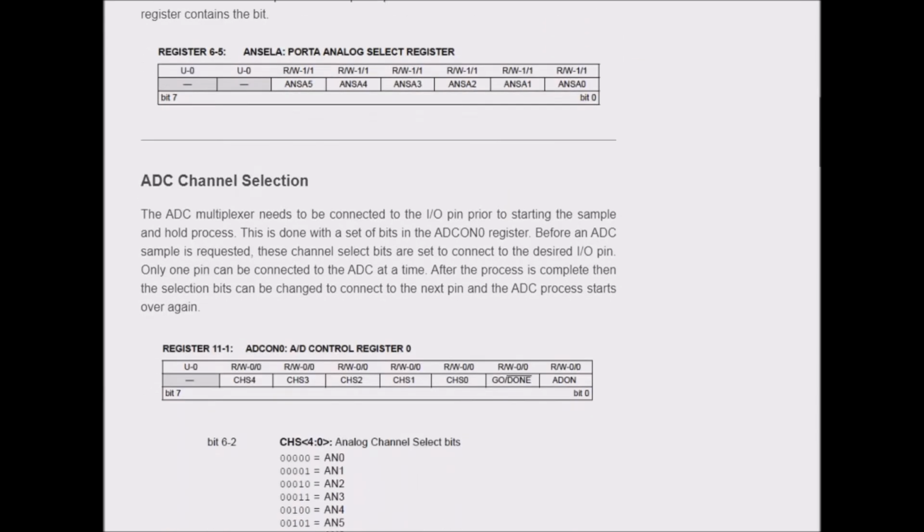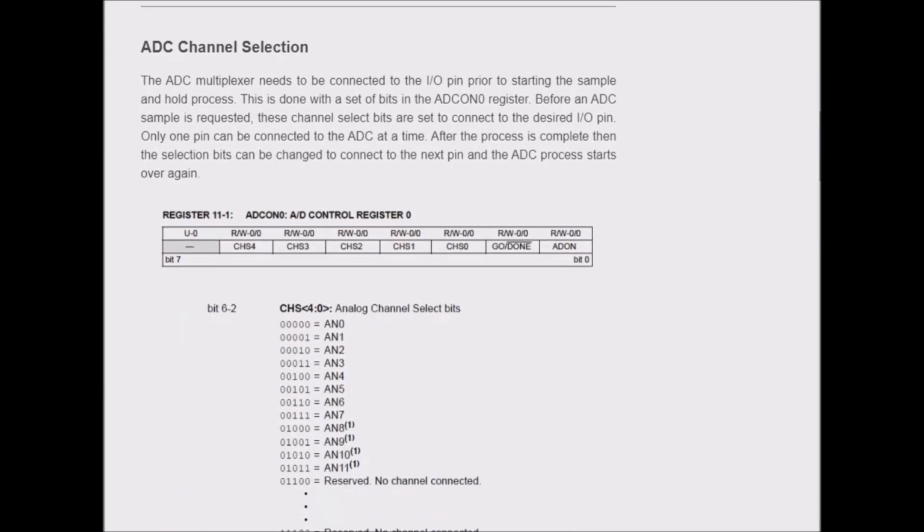ADC channel selection. The ADC multiplexer needs to be connected to the I/O pin prior to starting the sample and hold process. This is done with a set of bits in the ADCON0 register. Before an ADC sample is requested, these channel select bits are set to connect to the desired I/O pin.